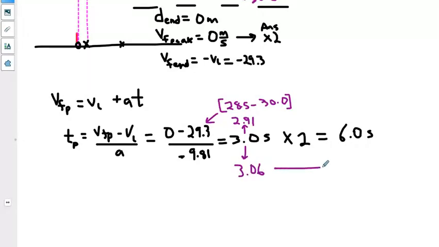And then if you double those, because that was just to the peak, 3.06 times 2, of course, is going to be 6.12. And then 2.91 times 2 is going to give you 5.82.